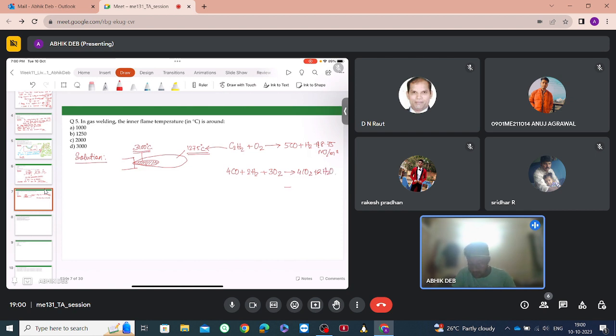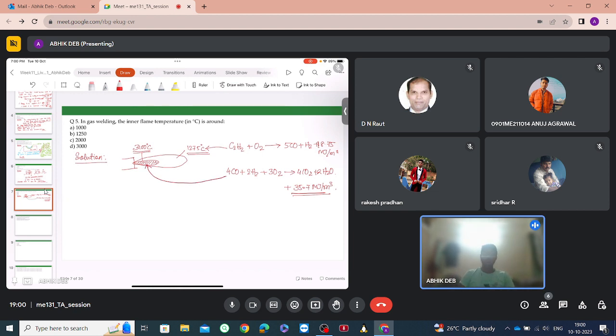This results in around 35.7 megajoule of energy per meter cube. So this very large release of heat in this exothermic reaction is responsible for the inner flame temperature.